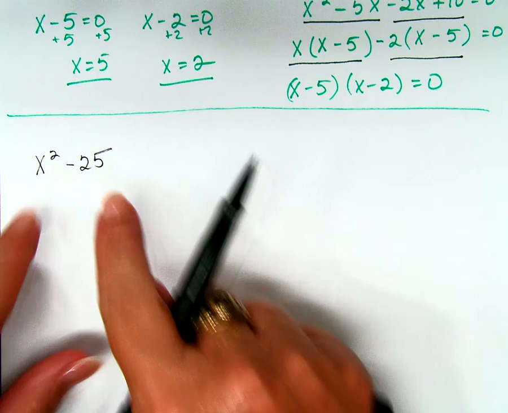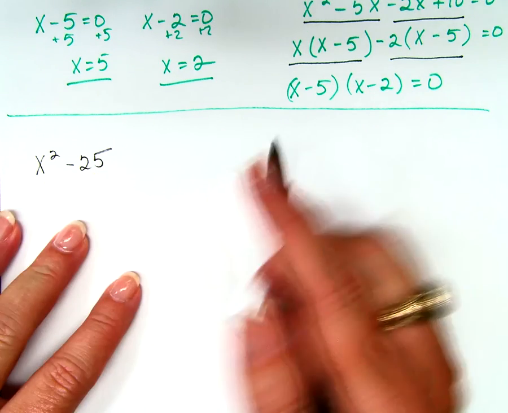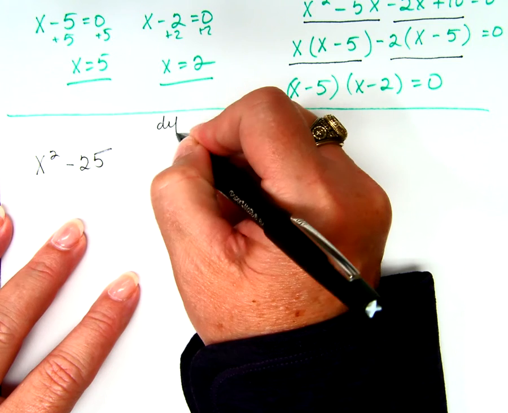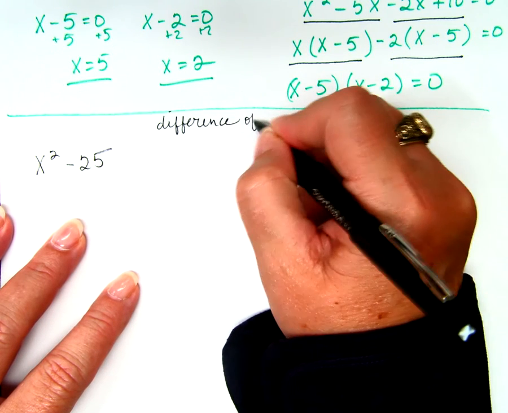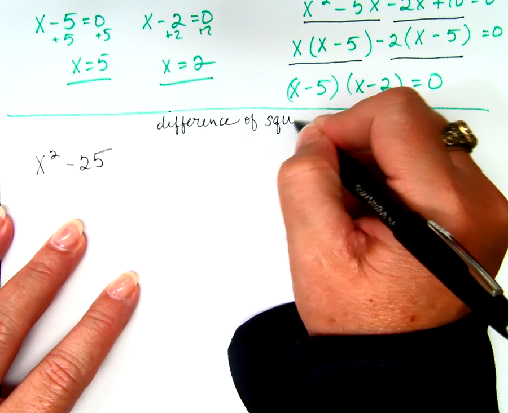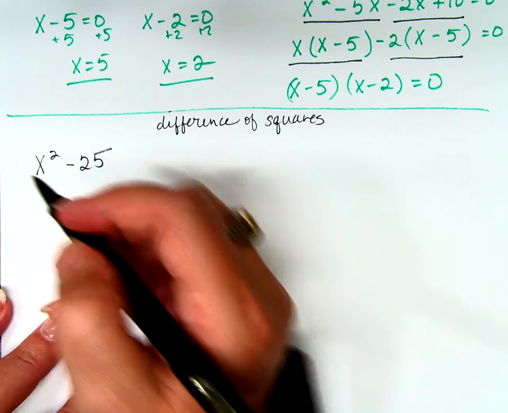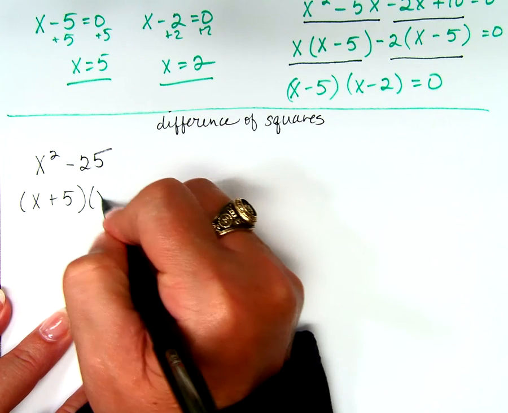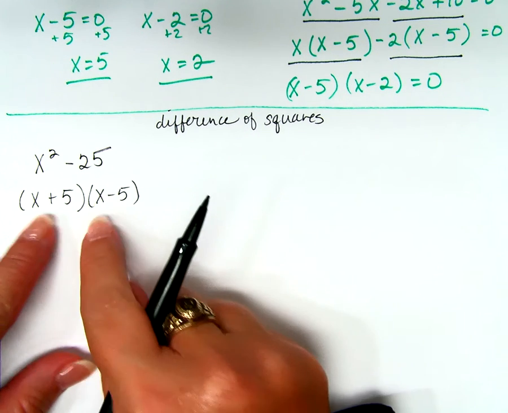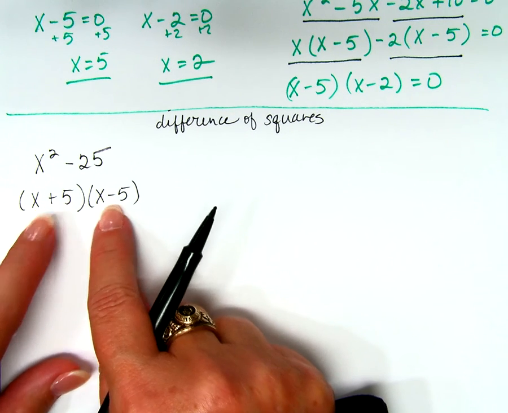So they are squared terms. And what sign is in between them? Do you remember what this is called? Difference of squares. Do you remember how to factor difference of squares? X plus 5, x minus 5. Square root of the first term, square root of the last term. Opposite signs.